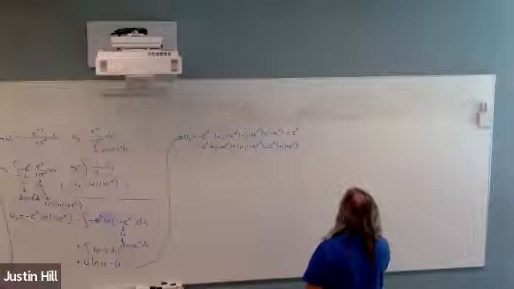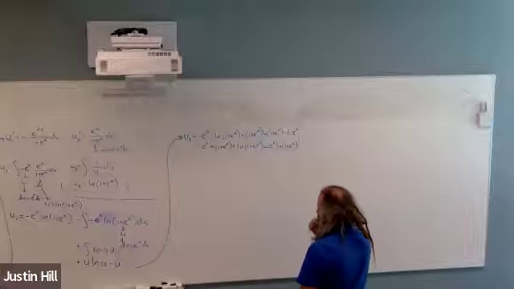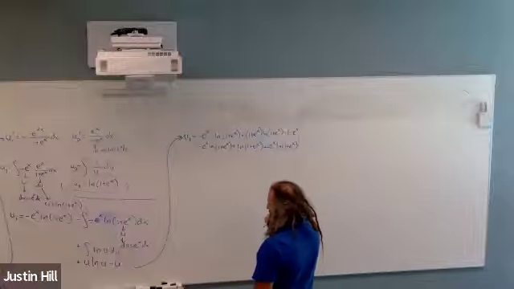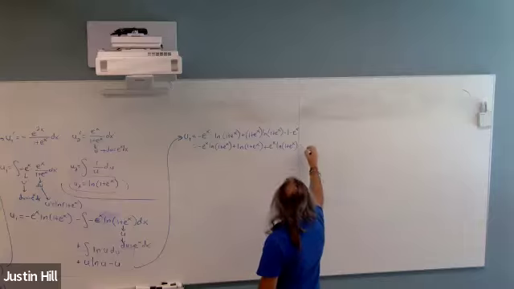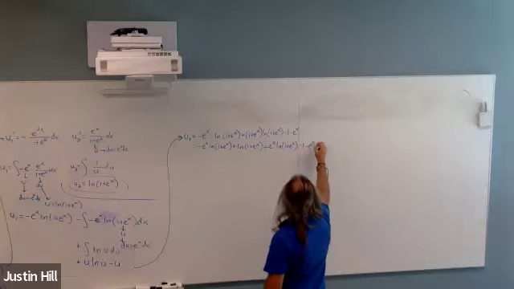So these are just supposed to cancel. Minus 1 minus e to the x.